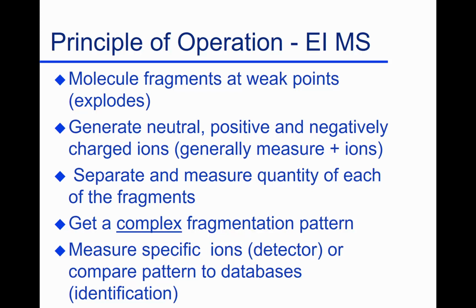That's basically what I was mentioning: neutral, positive, separate, measure them, and get a complex bunch of pieces. We take all those fragments of that molecule exploding, take that pattern of pieces, and go to a computer and have the computer do its matching.